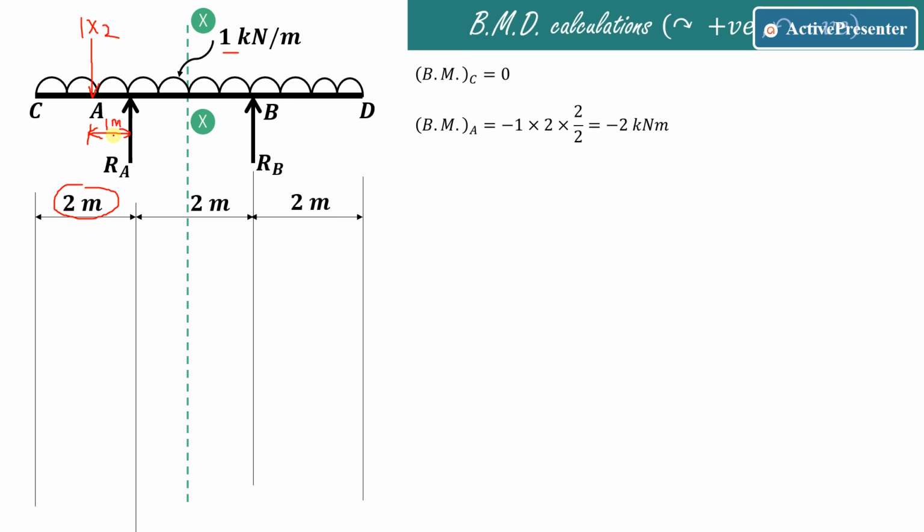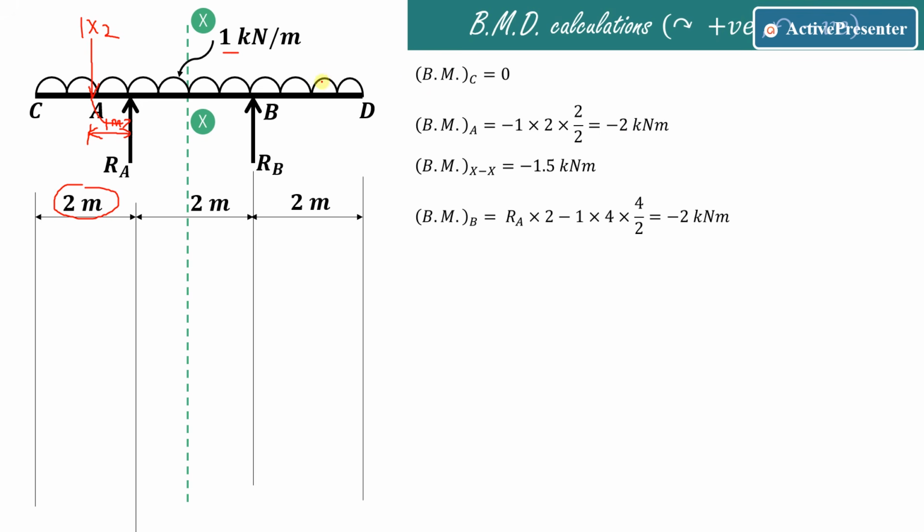So it is 1 into 2 into 1, and it is producing anti-clockwise moment. So it is negative. So it is minus 1 into 2 into 1, that is minus 2 kilonewton meter. Bending moment at section XX we have already calculated in the previous slide, it is minus 1.5 kilonewton meter.